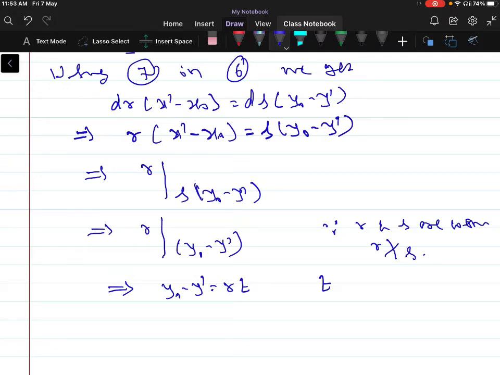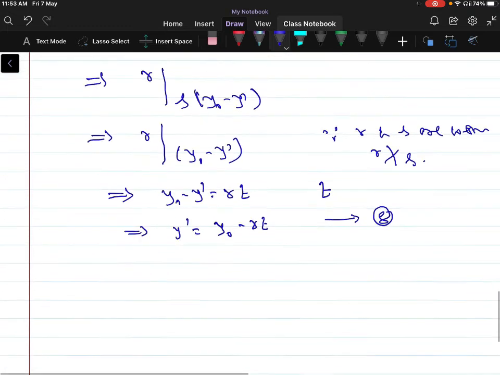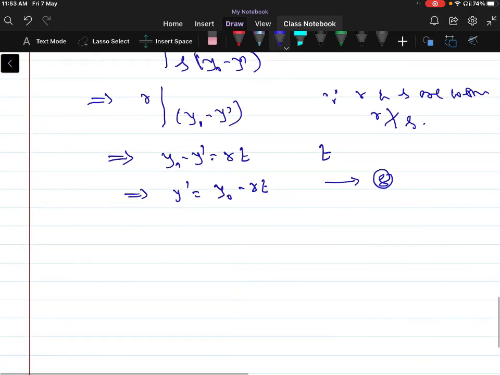So this implies y dash is equal to y naught minus r into t. Let us record this as equation number 8. So y dash can be written as y naught minus r into t.